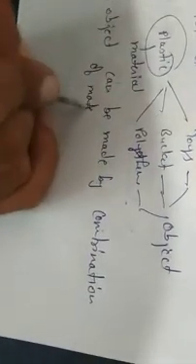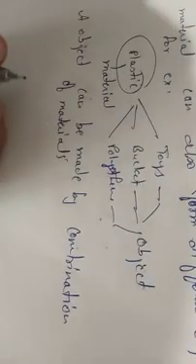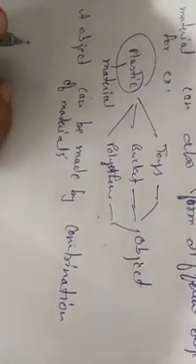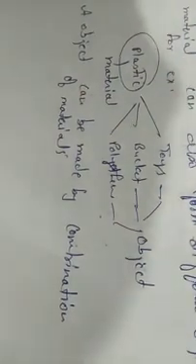Now, third thing: an object can be made by a combination of materials. For example, take tea.